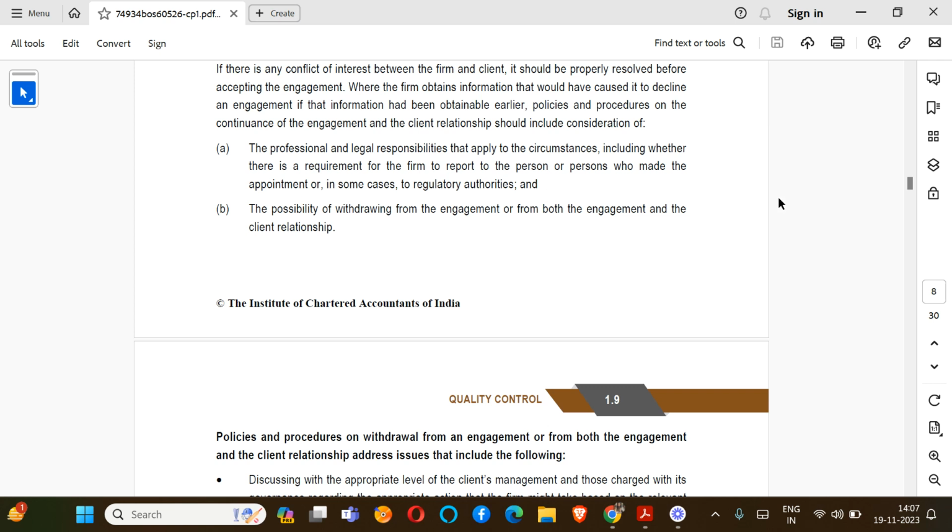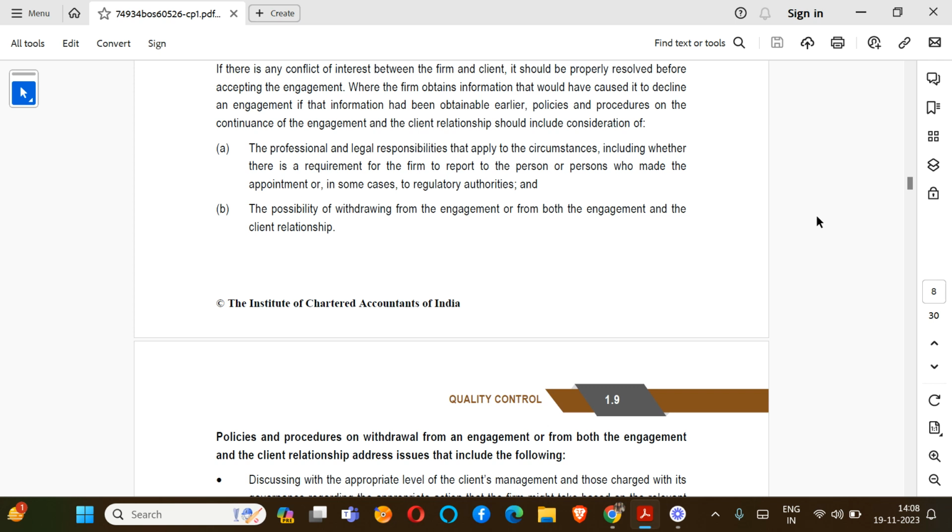So what are you going to do if you find out that पॉलिसीज़ और प्रोसीजर्स लगाने की ज़रूरत है? तो आप क्या करेंगे? सोच के देखो. आप देखेंगे कि कौन सी प्रोफेशनल, कौन सी लीगल रिस्पॉन्सिबिलिटीज़ है आपकी. आपको कहीं इंटिमेट तो नहीं करना, किसी रेगुलेटरी बॉडी को तो नहीं बताना.